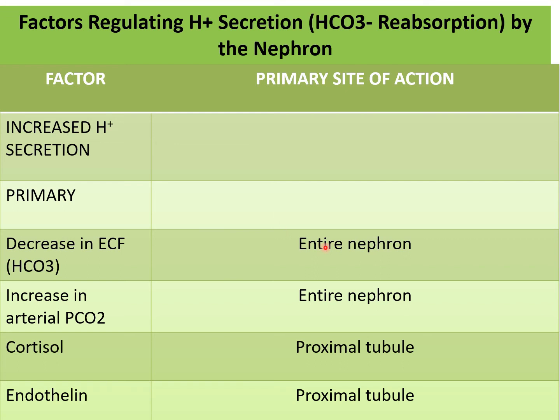In response to a decrease in extracellular fluid volume, the effect on secretion and reabsorption will be on the entire nephron, as with an increase in arterial PCO2. Cortisol will stimulate the proximal tubule for hydrogen secretion, and so will the hormone endothelin, which is found in the endothelial lining, with its influence on the proximal tubule.